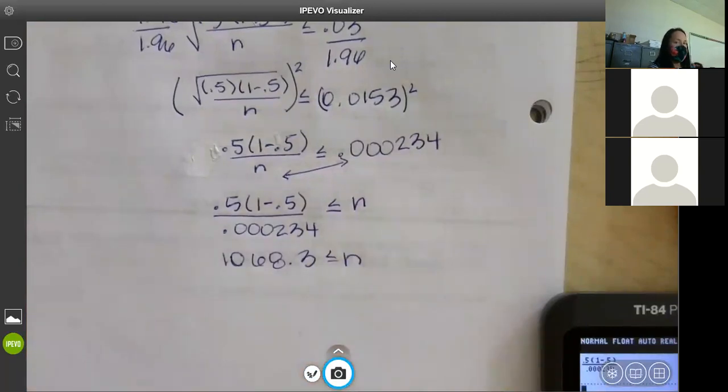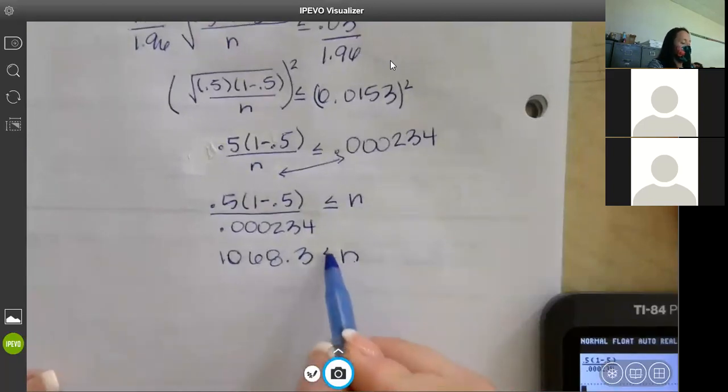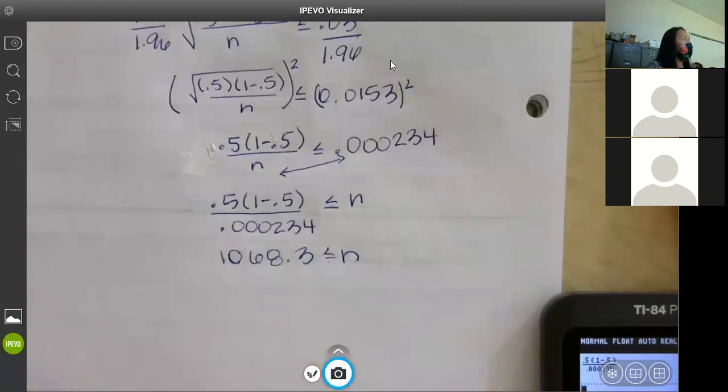So what sample size do I need to use? What do you think? To be able to get 1068.3. And if I read it backwards, n has to be greater than or equal to that. No. What is your first whole number greater than 1068.3?